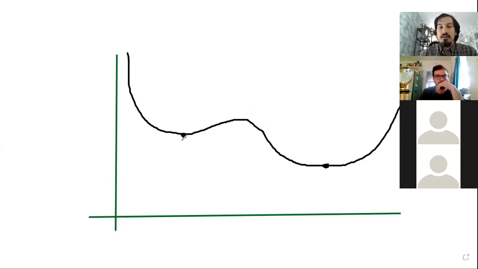So for the same reason, this local min is actually a global min if f is convex everywhere.